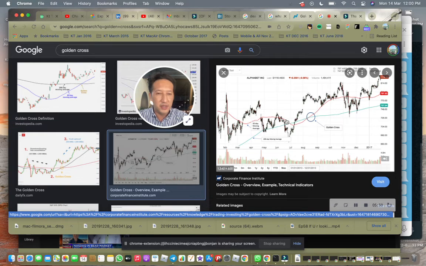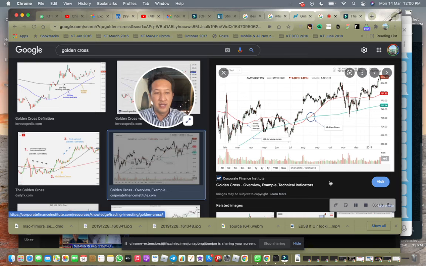The reason, I think, is that the short-term 50-day moving average is actually going up, so it looks like a breakout kind of chart. So the tendency for a golden cross, in terms of probabilities, is a higher chance that it will continue to push up. That's the basic definition of the golden cross.